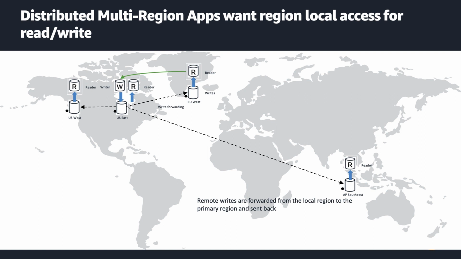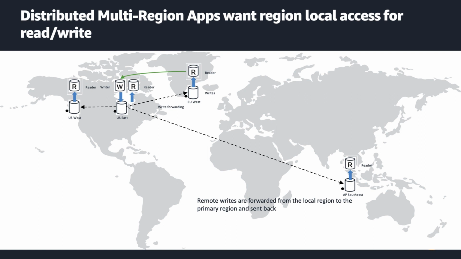Write forwarding works by accepting a read-write statement from an application in a secondary region's read replica. In this example, assume that the application is performing its writes in the secondary EU West region. Then in this configuration, Aurora forwards those write operations to your primary region's cluster in US East, where the write statement is then executed on the primary instance.